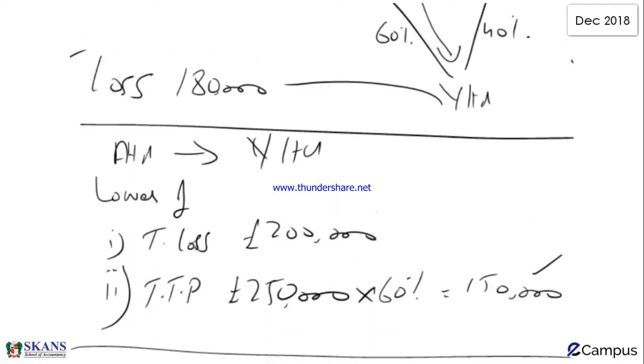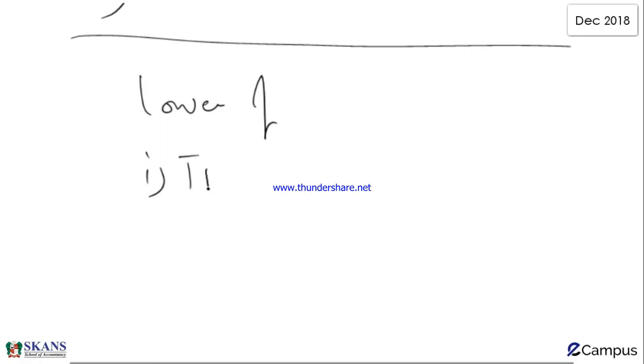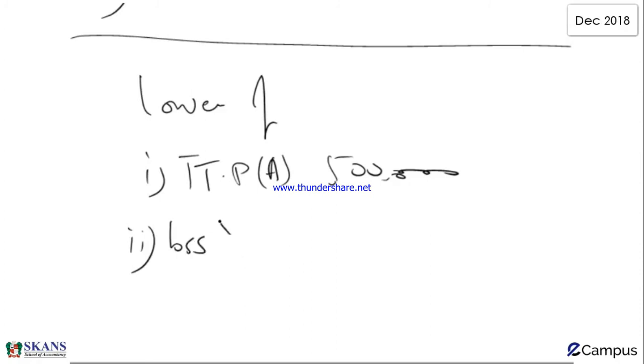As far as taxable total profits of A Limited are concerned, we can use them as is, 500,000. But as far as the loss of Y Limited is concerned, which is 180,000, make sure all of the loss does not belong to us, as we are not in a loss leave group, we are in a consortium.